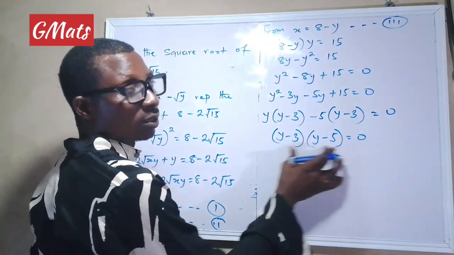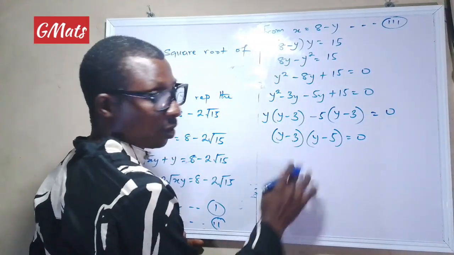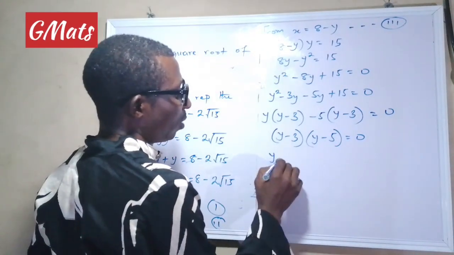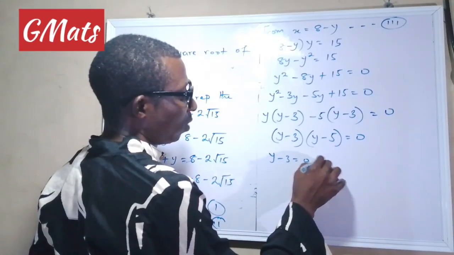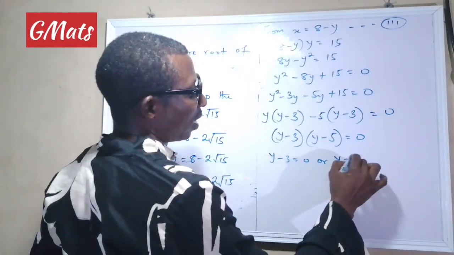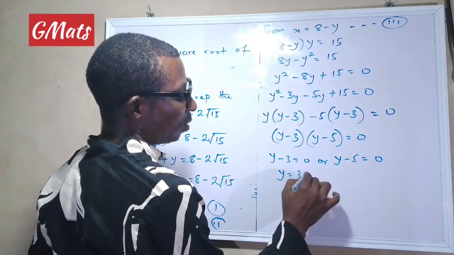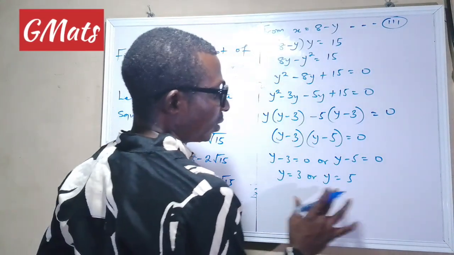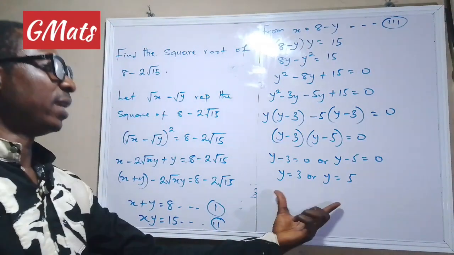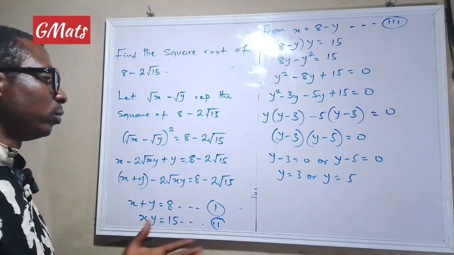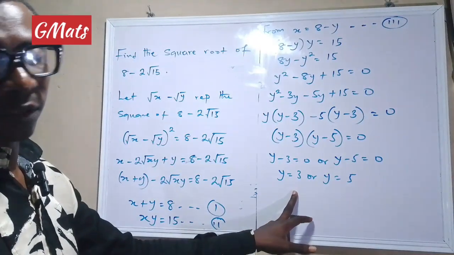Two numbers multiplying each other to give 0, so one of them must be 0. So y minus 3 equals 0, or y minus 5 equals 0. So y equals 3 or y equals 5. These are the answers. Now you get the corresponding value of x.